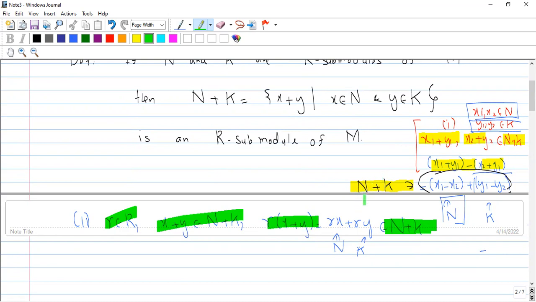Okay, so we will study this submodule later in detail.